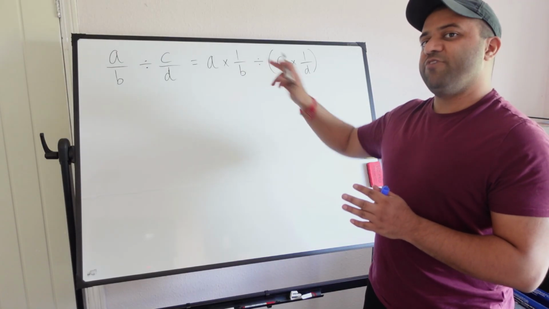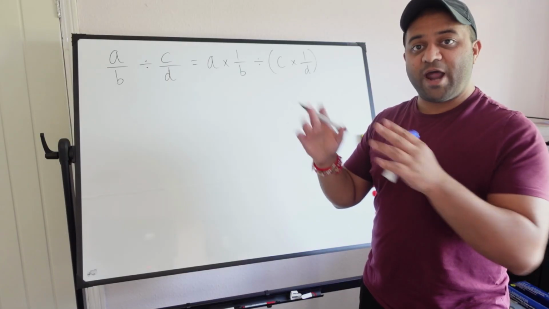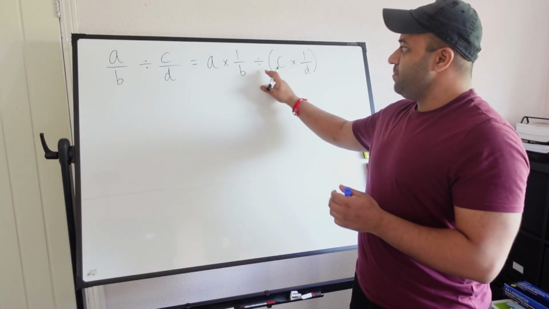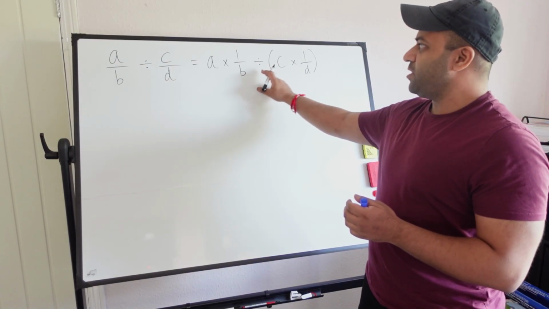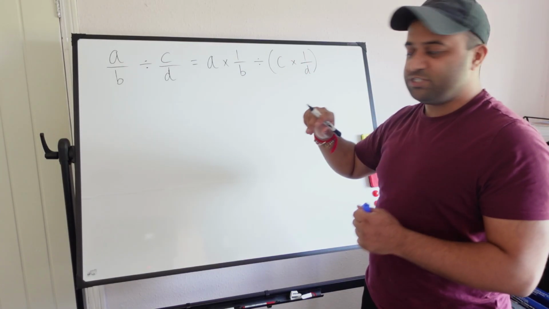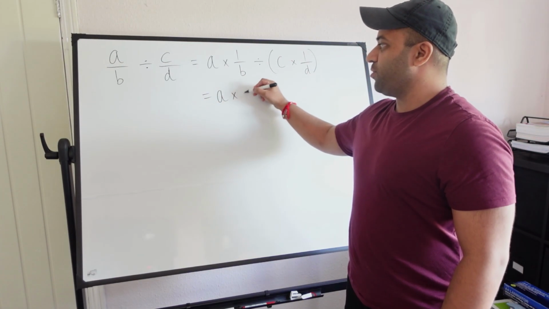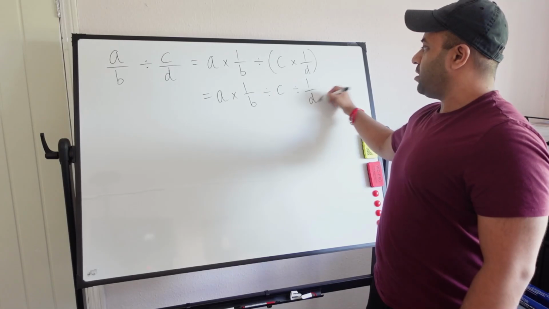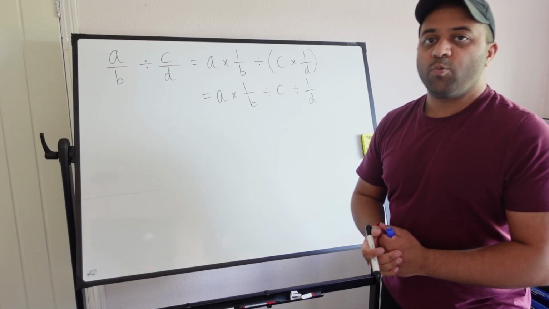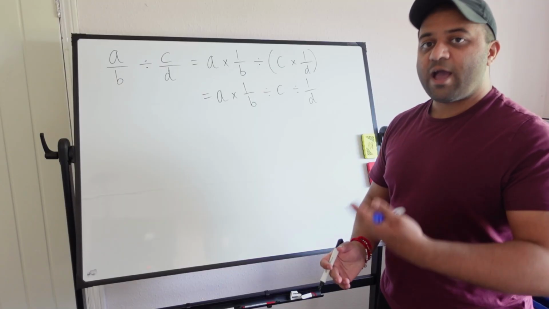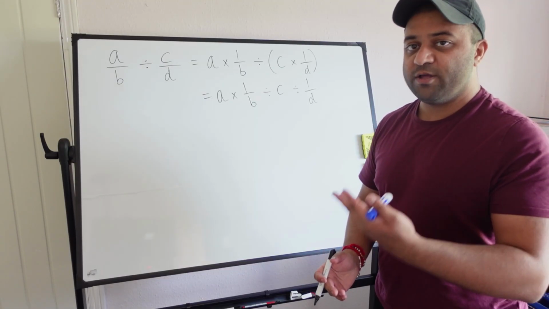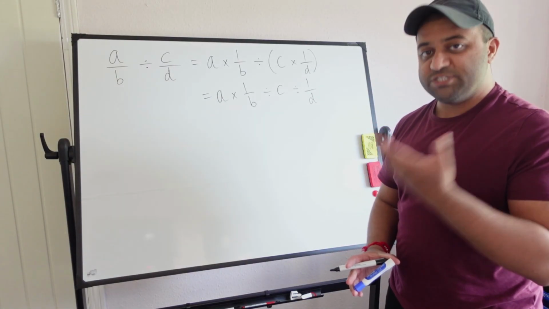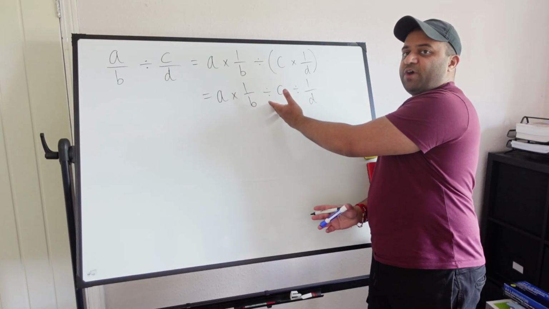Because this division is multiplying the bracket, or acting on the bracket is probably more accurate, we can then divide by both the c and divide by the 1 over d, which would be an equivalent operation. So this is what that looks like. We are dividing by c and also dividing by 1 over d. So by dividing by c and dividing by 1 over d, we now have this, dividing by c, dividing by 1 over d.